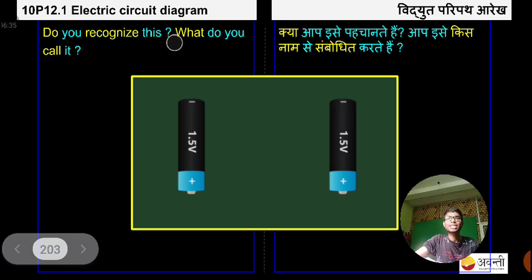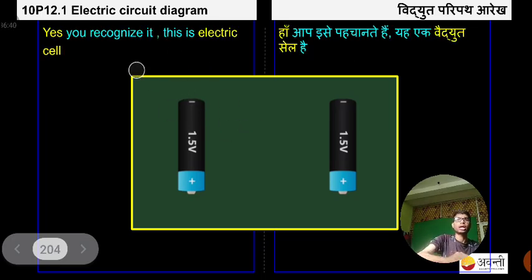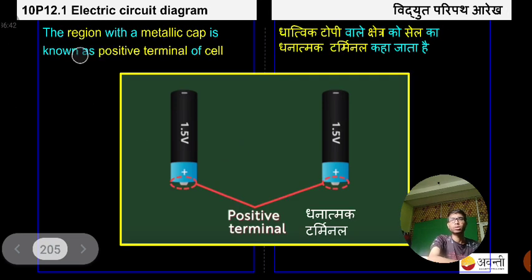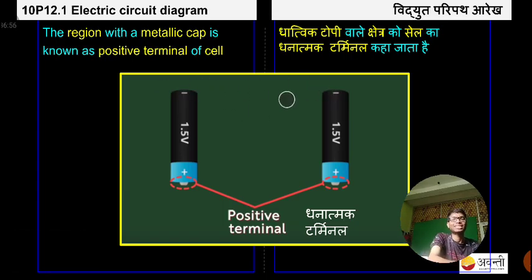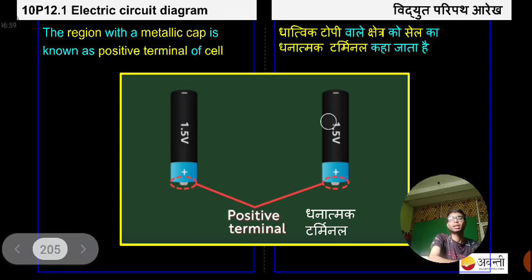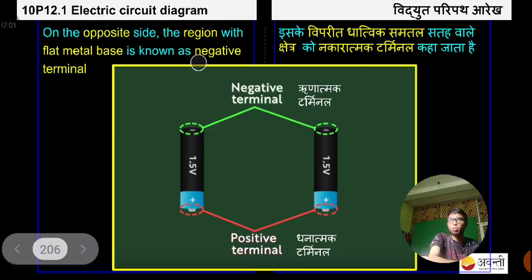Do you recognize this? This is an electric cell, we know. This is the positive terminal, also known as the metal cap, and this is a flat metal disc. This sign is of the negative terminal, on the opposite side.